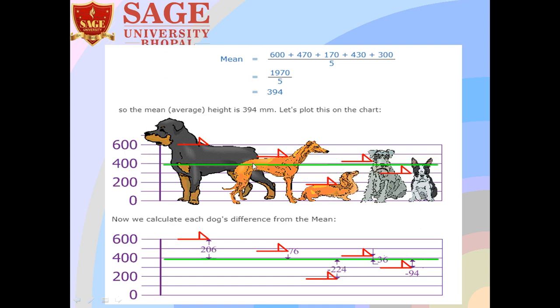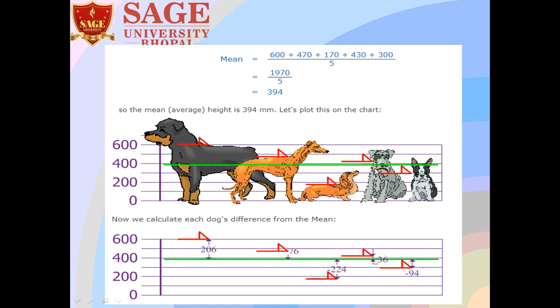After the mean, we have to calculate the difference of the height of each dog from this mean. The height of this dog is 600 and the mean is 394, so we do 600 minus 394, get some value, and then square that value. The values after differencing are these, for each dog.